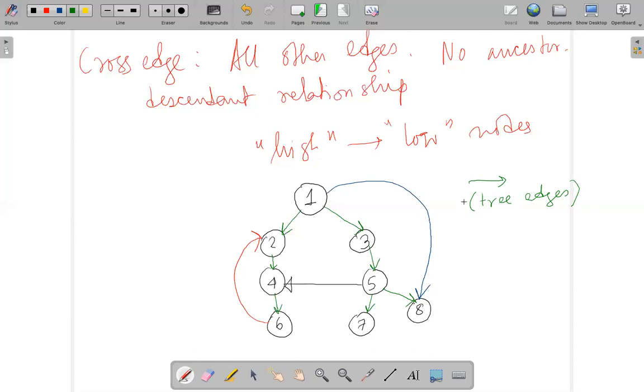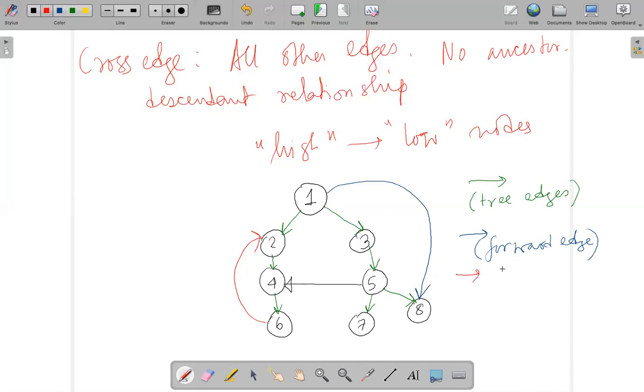Now, the blue edge is what we call a forward edge. So you see, this is a non-tree edge, but it is also low to high. And it's a forward edge.